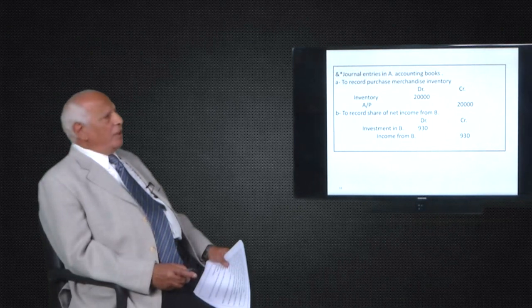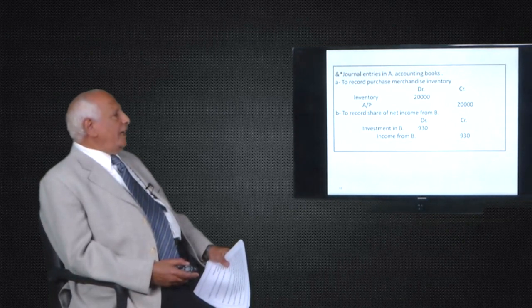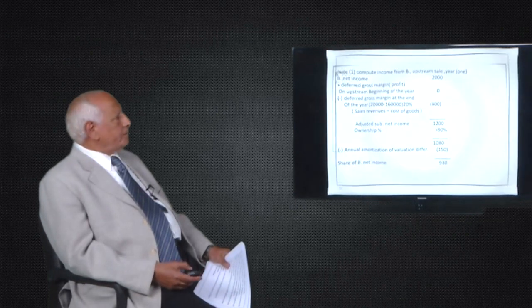Where does this number come from? Where does 930 come from? We need more details on how to compute income from sub or from B, 930. Let me give you more information on how to calculate this.